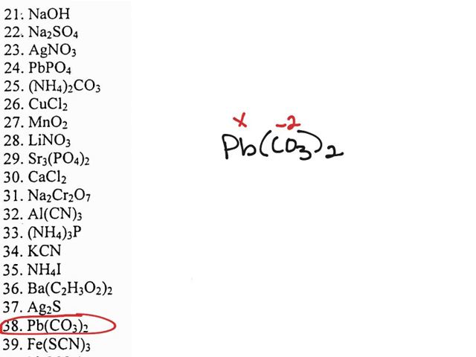And I can do this mathematically as well. I'm doing charge times subscript for the first. Pb has a subscript of 1, 1 times X, plus subscript of 2 times -2 equals 0. Notice I did not touch the subscript of 3. That is not the subscript that tells me how many ions I have. That's the subscript that's part of the ion.